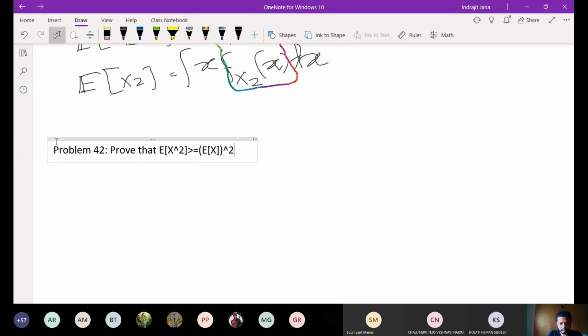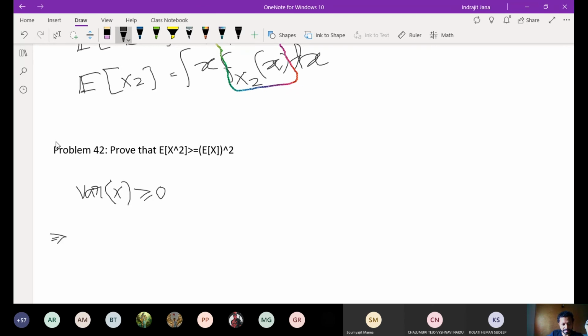Okay, so how do you solve this problem? This follows from a very elementary thing which we discussed during the lecture: the variance of any random variable is always non-negative. Whatever the random variable is, variance is always non-negative because we are looking at the dispersion from its mean, squared. It's always a non-negative quantity.